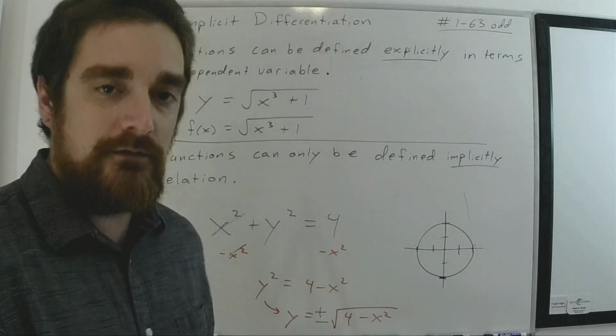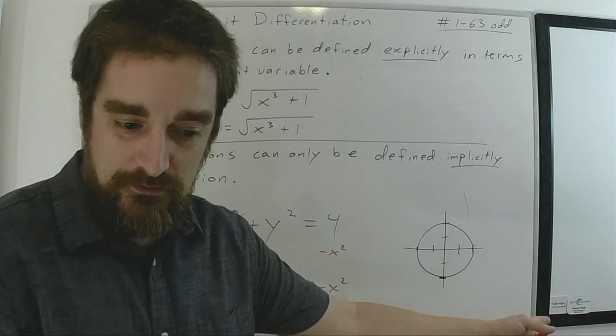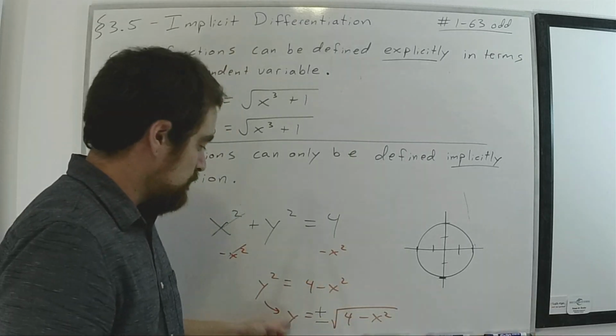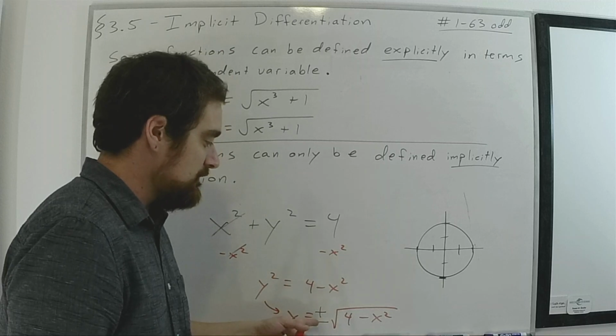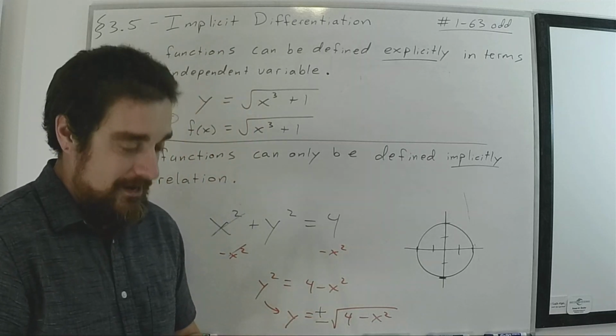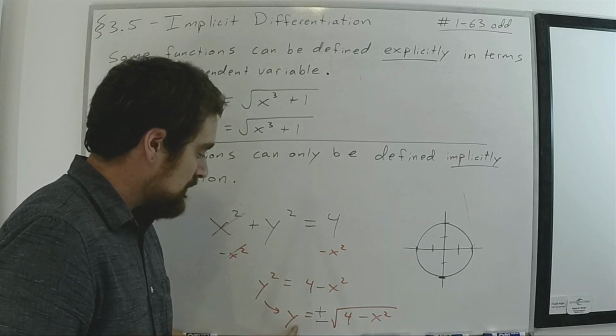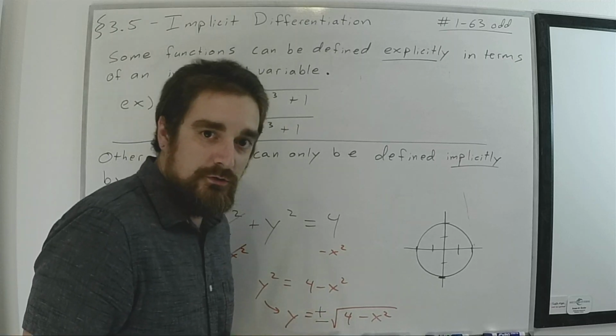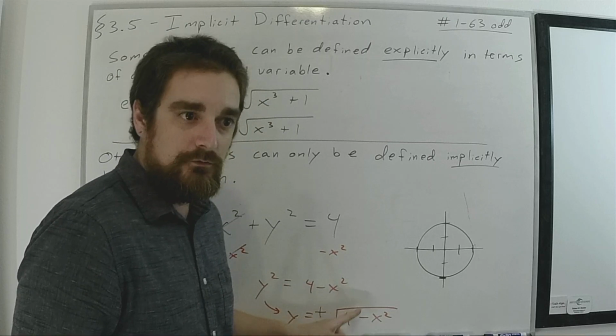We can't write this as a function y equals this explicitly, because y is both the positive version of the square root and the negative version of the square root. So we can't be explicit. When I say to differentiate y, which one do you do? Do you do one? Do you do the other?